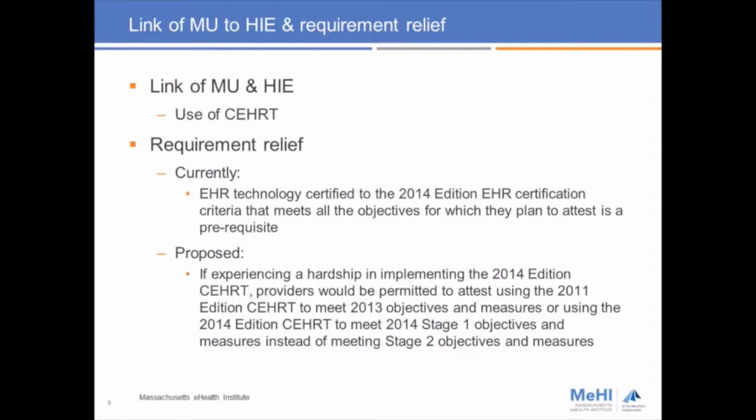So there currently is a proposed rule which would allow some flexibility in how people attest in 2014. Essentially, if you don't have your 2014 version, you can still use the 2011 certified, but you would not be able to attest to stage 2. It would have to be stage 1. If you do have the new 2014 version, you have an option of attesting to stage 1 or moving forward to stage 2.